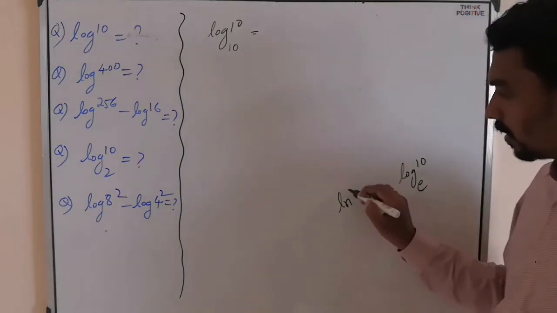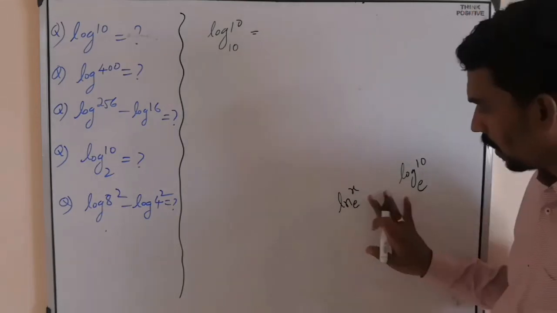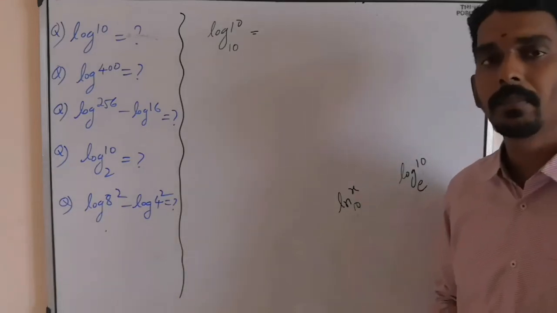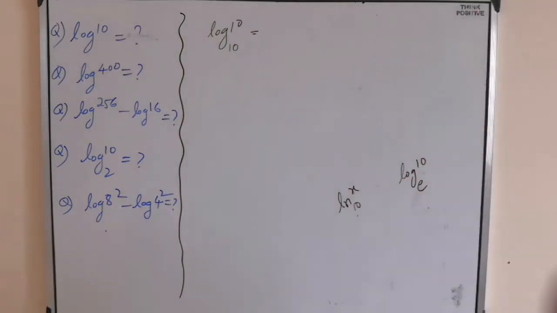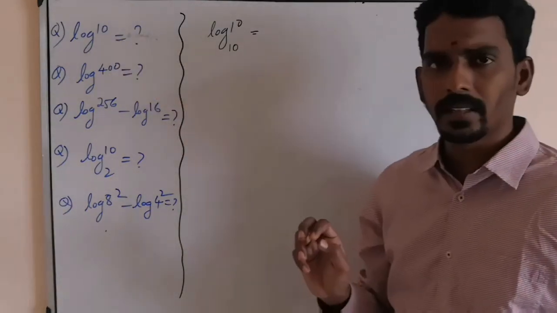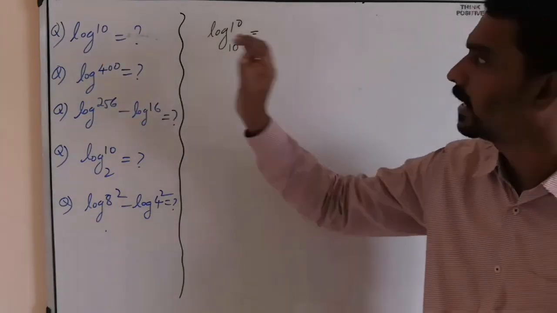Similarly, ln x means the base is e, but sometimes they can say base 10. That depends on the given data. But here they have not given anything, so you can say the base should be 10.